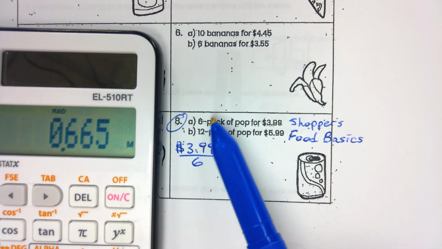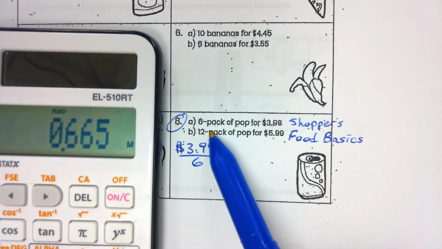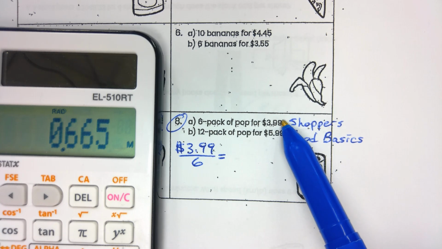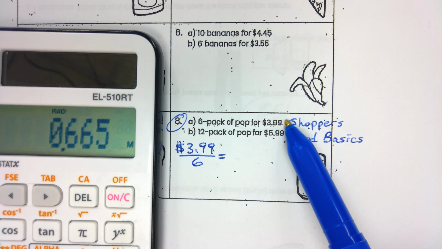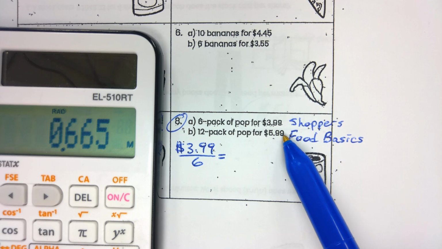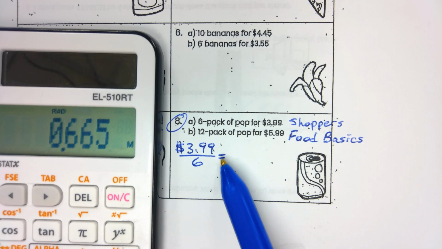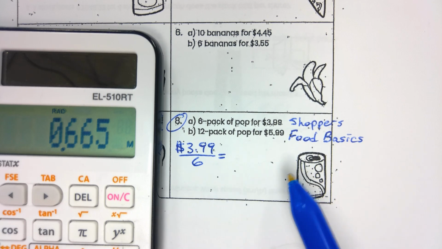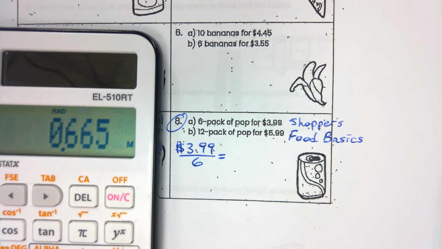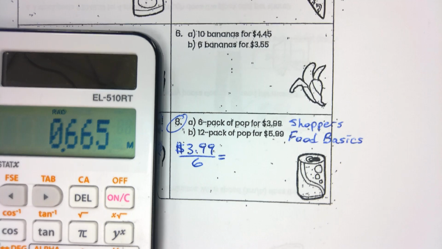So he saw that this is just doubling the 6 and the 12. So if I double this, I can see that I need to pay about $8 versus this one is $6. So on the test, if you do that reasoning and you write in words for me how you figured it out, you'll get full marks as well. I have to write it out in words. How else will I know that was your reasoning? I can't read your mind.